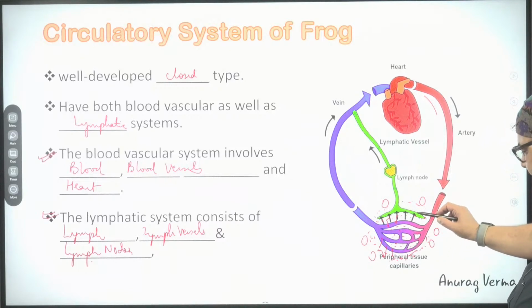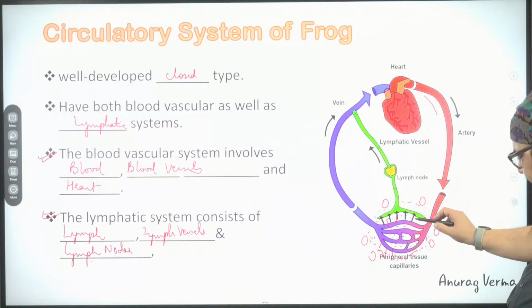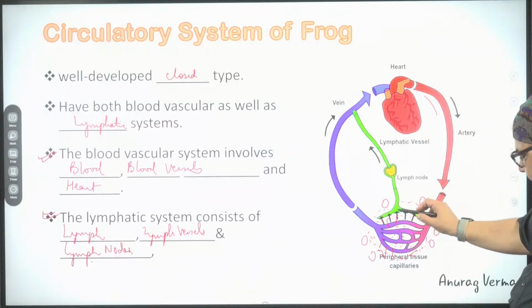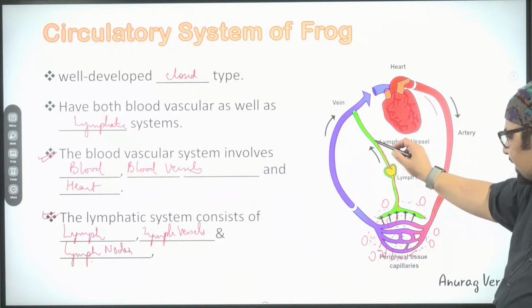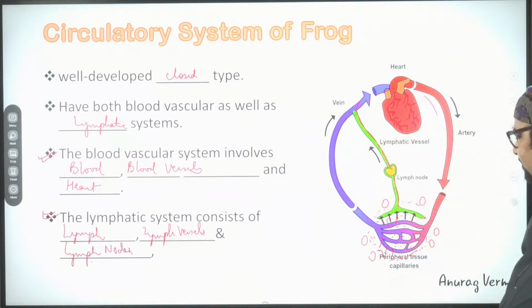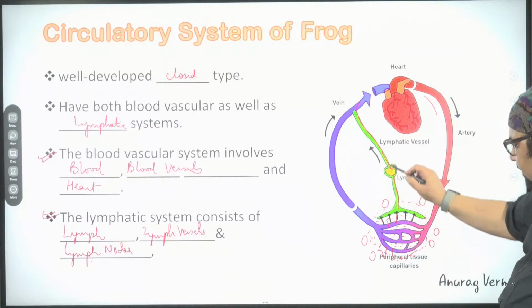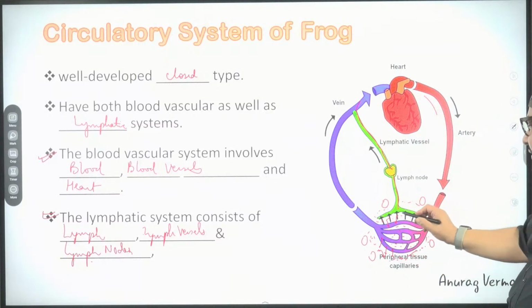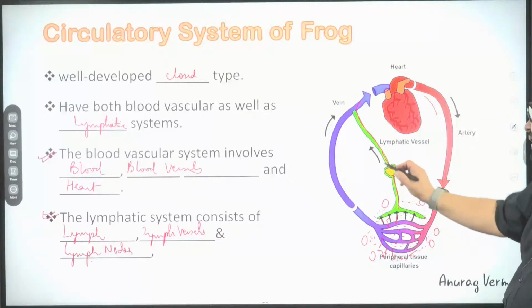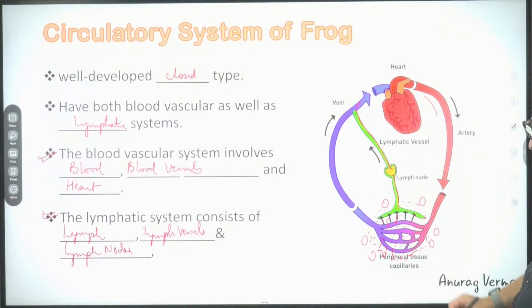The remaining 10% enters into another blind capillary, blind meaning closed at one end. Through this capillary it passes through some filters and ultimately goes back to the vein. So substances of the blood return back to the blood. Whatever comes in the tissue fluid is taken up by these capillaries and returned to the blood. In this tissue fluid WBCs are present, but RBCs are absent.